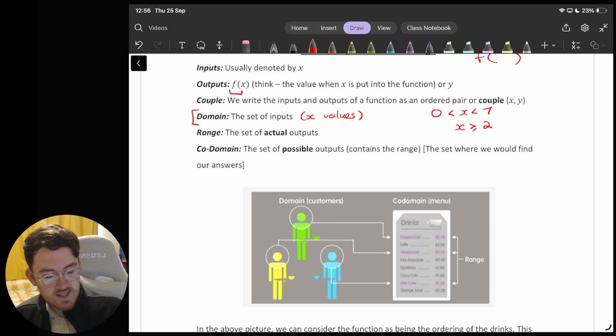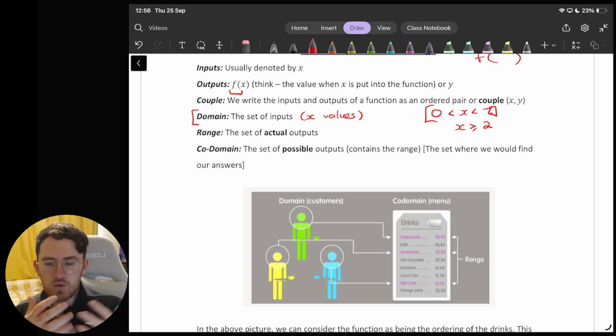Seeing something like this top version sets a limit on us. It gives us a lower bound and an upper bound. It means that we're not going on forever. We're filling in specific values into our function and inputting them. So the domain is fairly straightforward. It's the things that are going in.